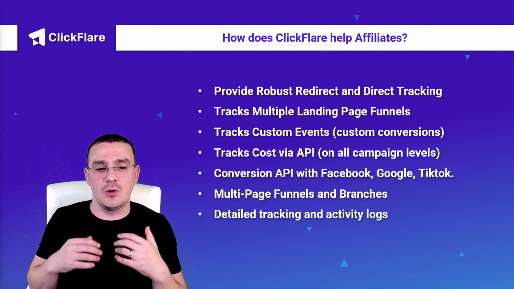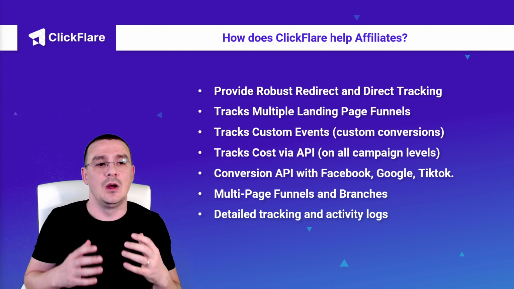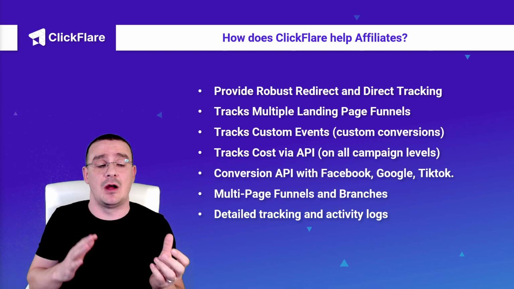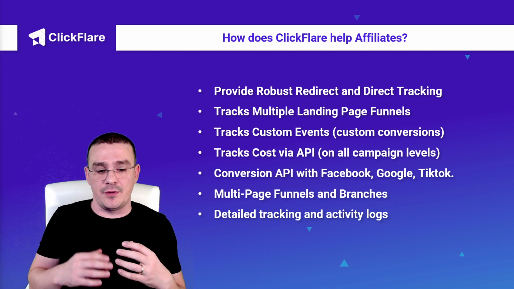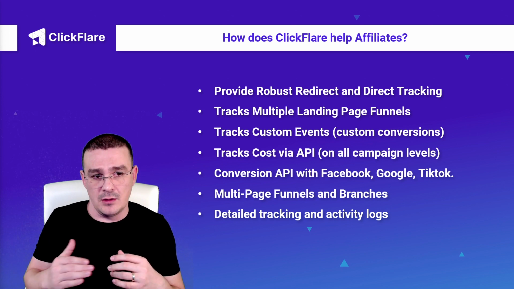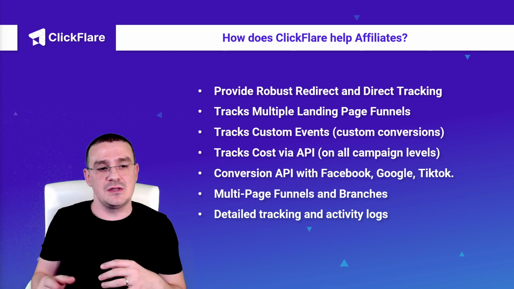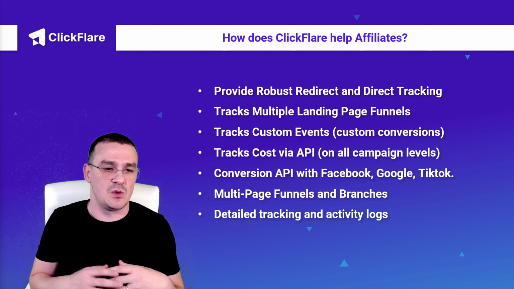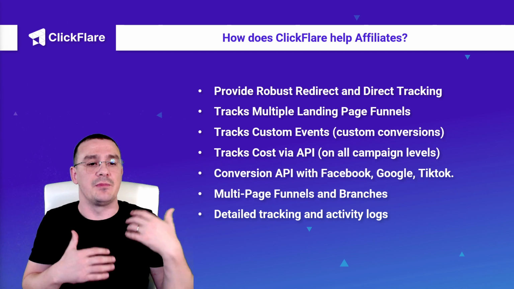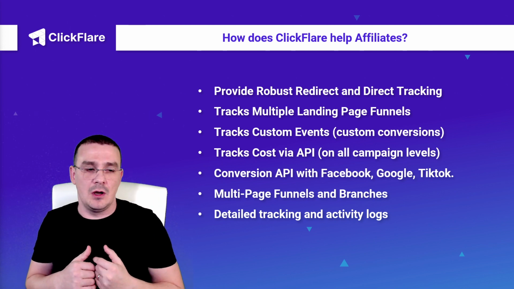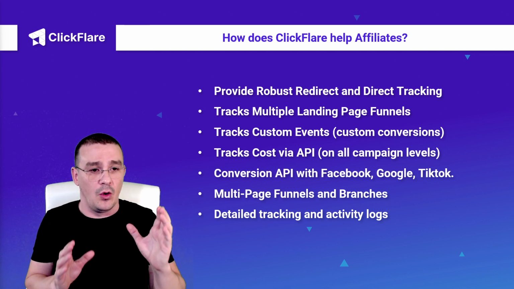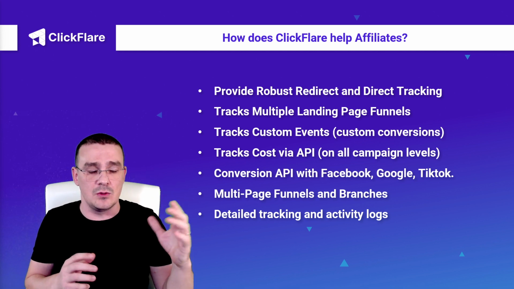We all know that when working with affiliate offers, we are forced to go through a redirect after our landing page, and the offer or the page where the user converts might be on a different domain than the one we're rerouting the visitor to, because maybe the advertiser wants to use two domains, or they have their own pre-sale that warms up the visitor a bit more. So thanks to the configurations of ClickFlare, we are able to define the source URL of the event that we want to send to Facebook, to Google, or to TikTok.